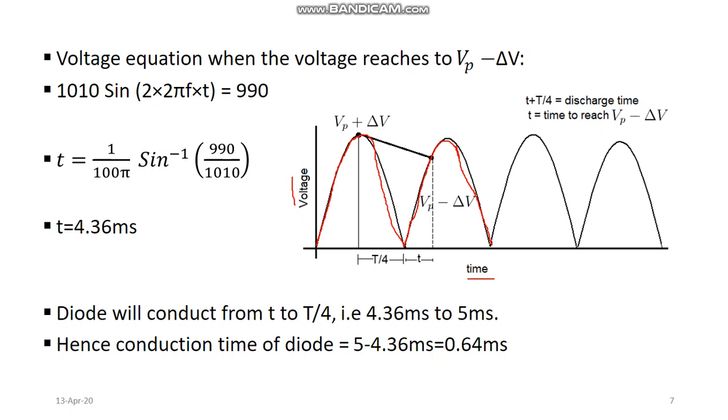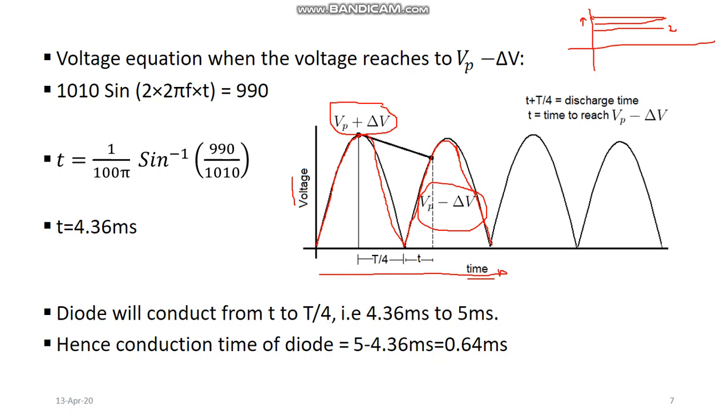The output will keep on changing between the peak value plus the ripple on the positive side and the peak value minus ripple. That is, this is the V peak value, so delta V will be added and this value will come to this point, and when this ripple will be negative, minus 10 volt, in that case the average value of voltage will be reduced. So this is what the capacitor is trying to do.